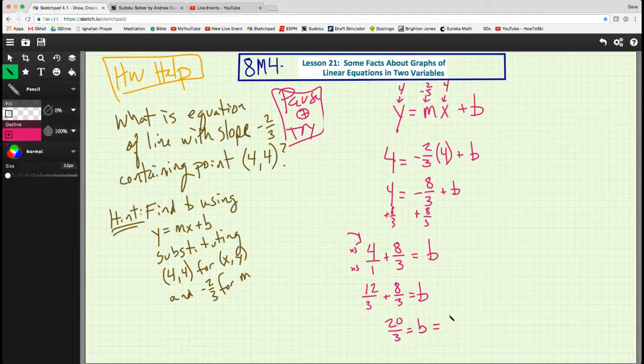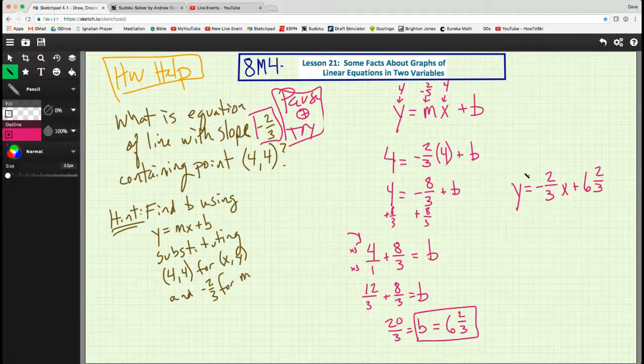And that also is 6 2/3. So our m was -2/3, and our b is 6 2/3. So our equation is y equals -2/3, that's our slope, x plus 6 2/3.